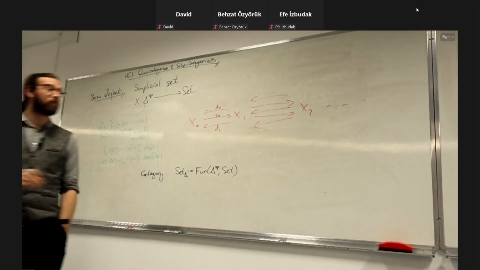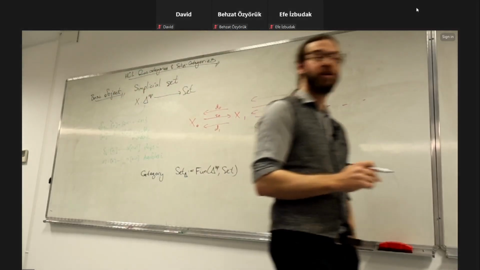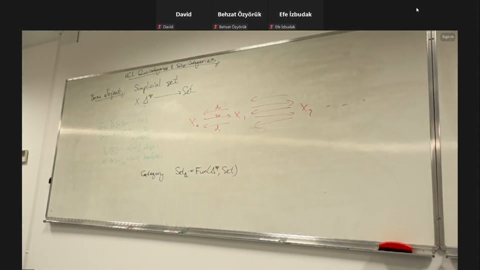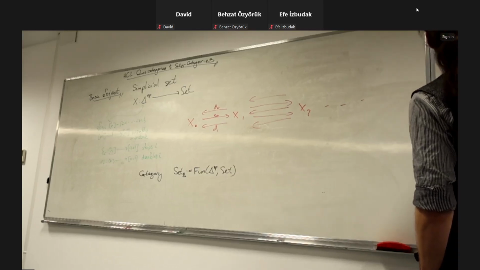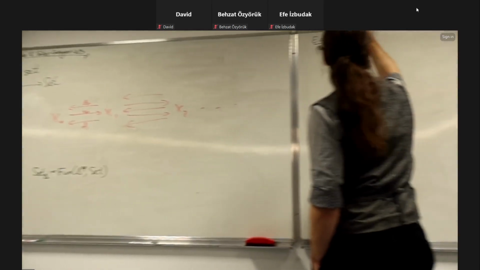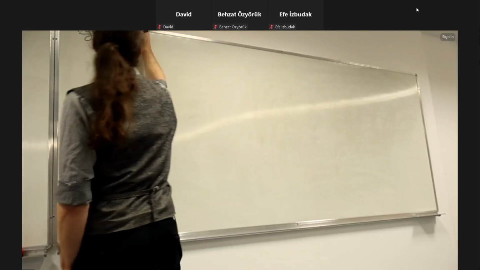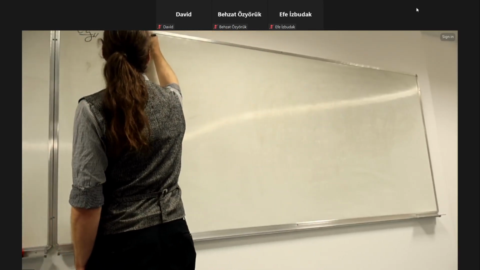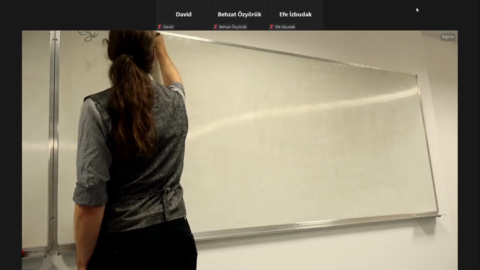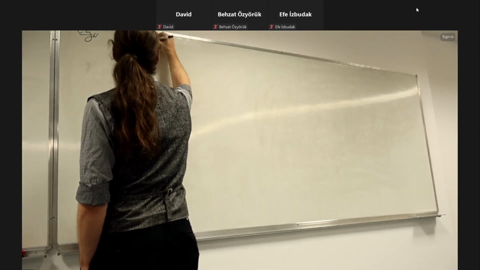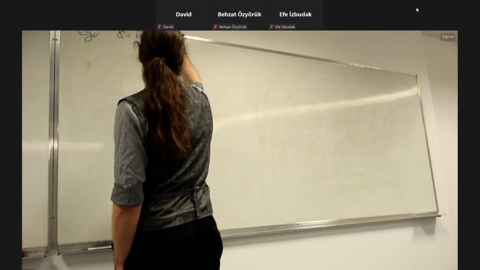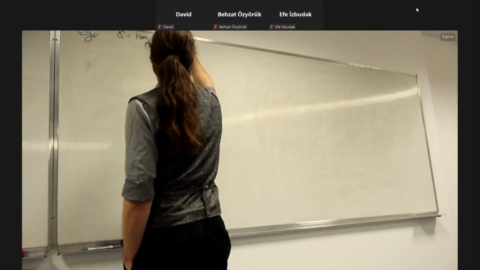Let me also then briefly establish some notation for specific simplicial sets that are going to come up over and over again. Delta^n is the simplicial set Hom in Delta from blank to [n].